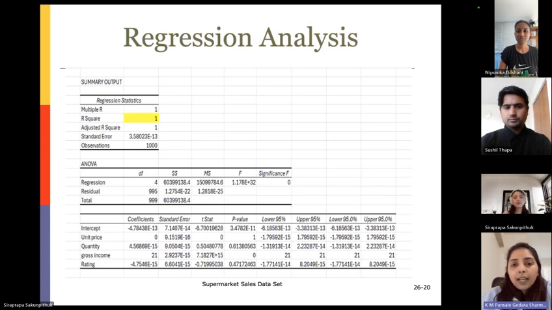As a second step, we open the data analysis tool and select regression in the data analysis dialog box. And then we choose the range for input and output. Then we run the regression by clicking the OK button. Next slide, please.